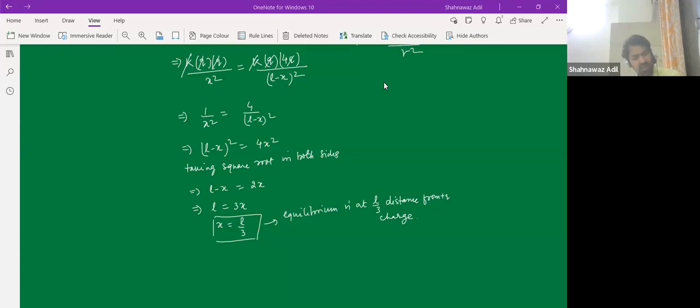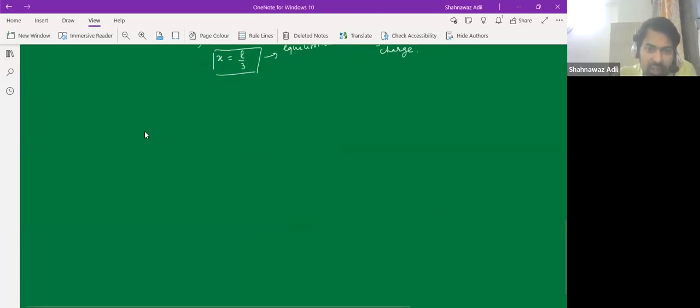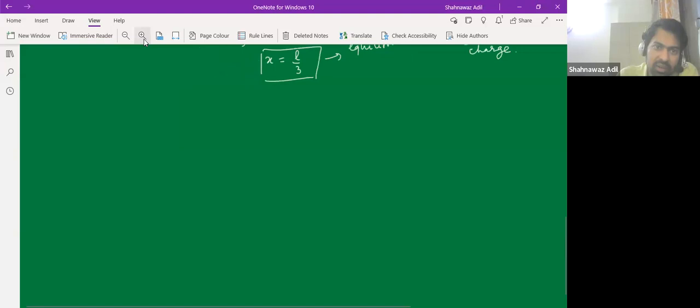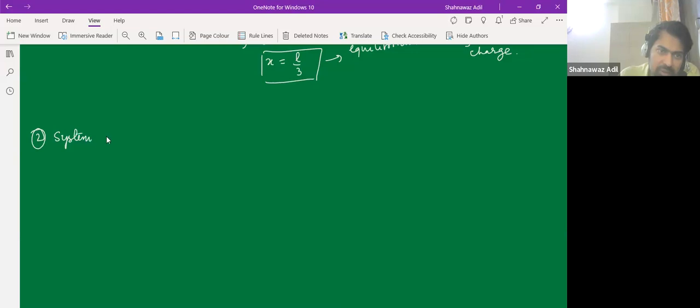Okay, so now let us understand about the second kind of equilibrium. So second kind of equilibrium is system is at equilibrium. So when a system is at equilibrium, then what happens?